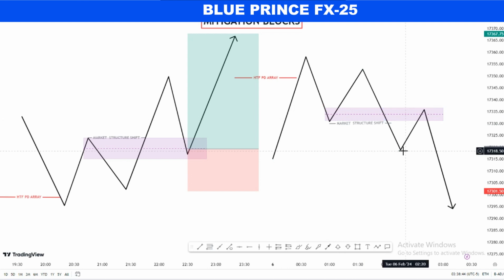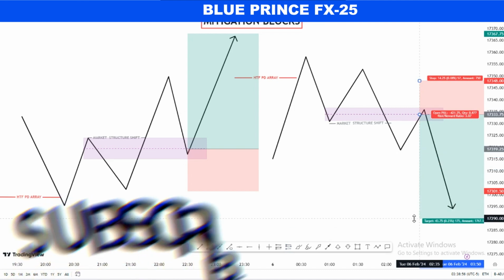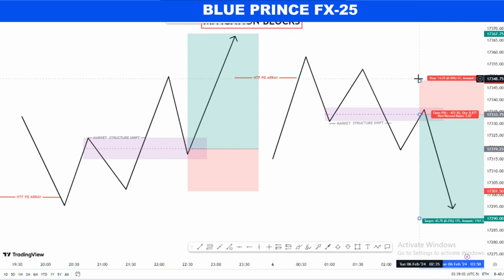After this break of structure, you wait for the market to retrace into the mitigation block. Either you take your sell position at the open or at the 50% of the mitigation block, and you target your higher time frame PD array or whatever high or low you deem a good fit. Where do you have your stop loss? Above the protected high here or above the mitigation block, right?